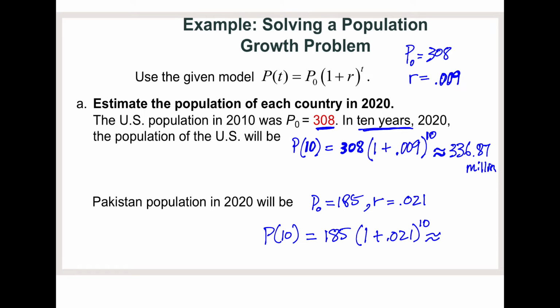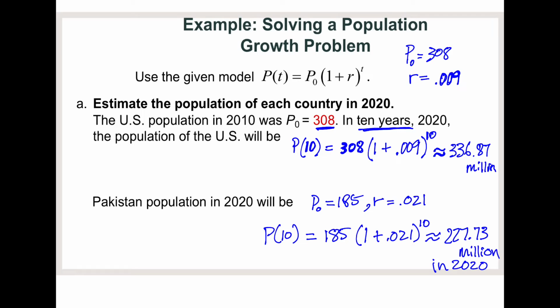And you should get 227.73 million people in 2020. All right, so very interesting.